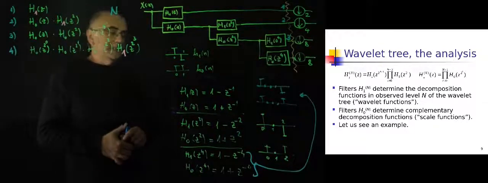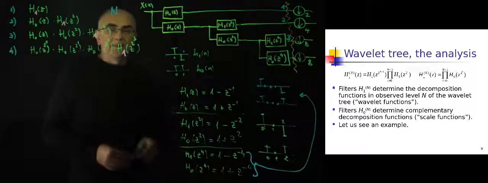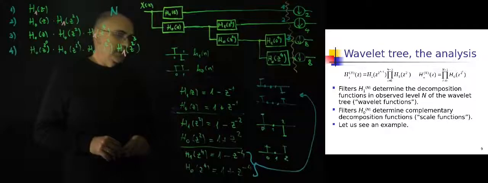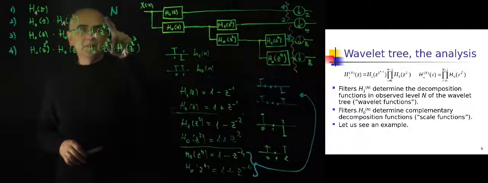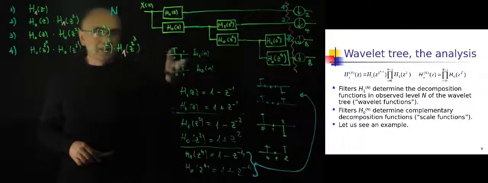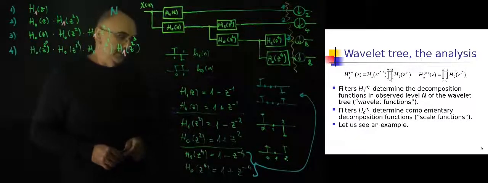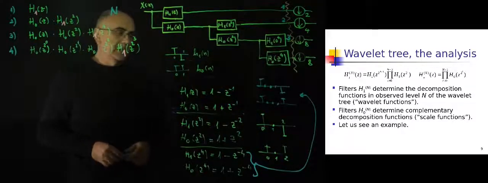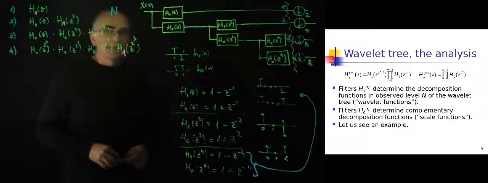So the calculation burden does not increase. It remains the same. So squaring or powers in the Z domain, I'm talking about the argument of the function, corresponds to inserting zeros and does not bring any new burden.